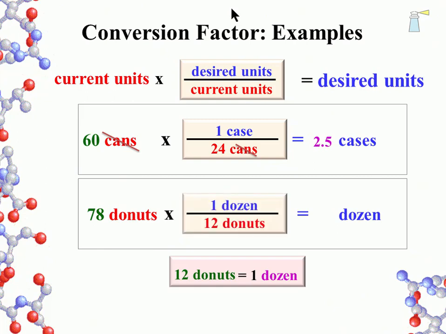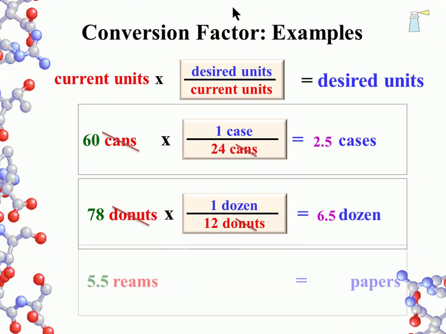The orientation of this unit factor is correct because the unit donuts cancels out, leaving the unit dozen. Proper use of the calculator will show that 78 donuts is equal to 6.5 dozen donuts. We see that it is a smart practice to literally draw a line through the units to cancel them out, because it double checks our orientation.